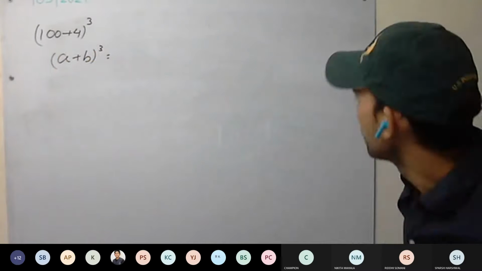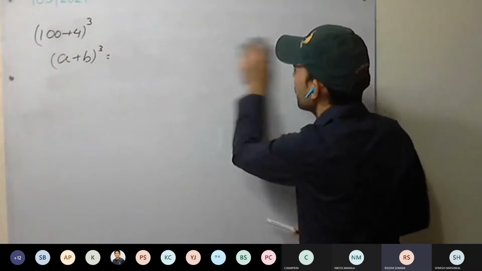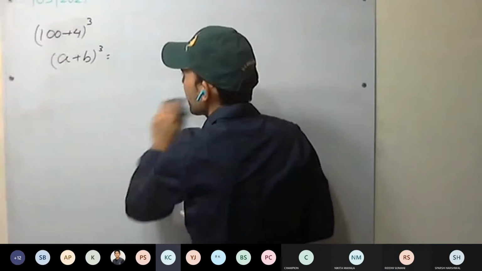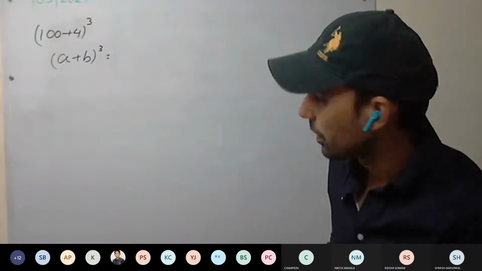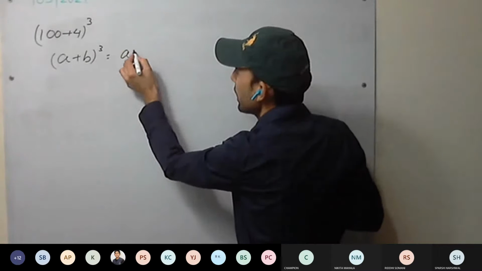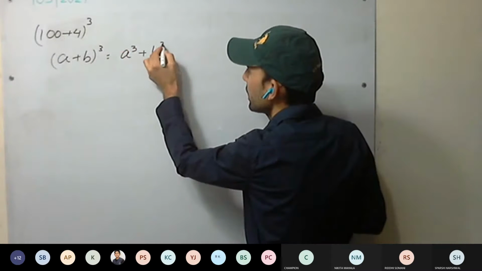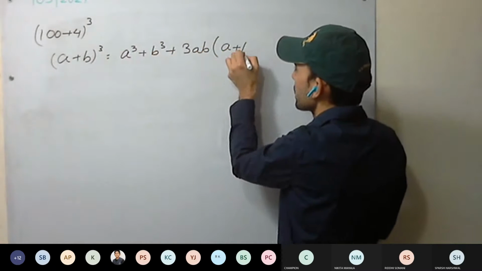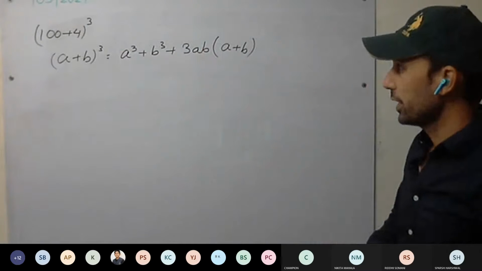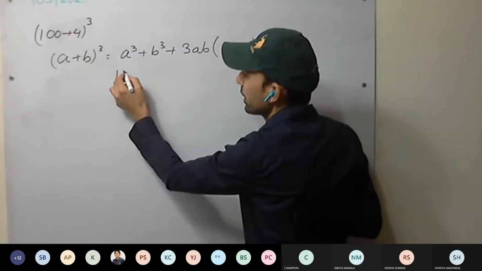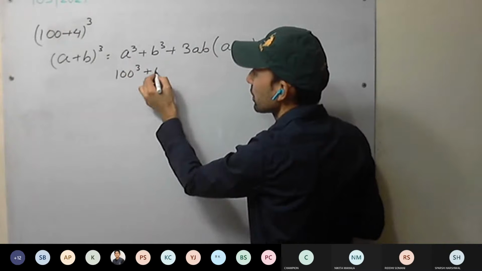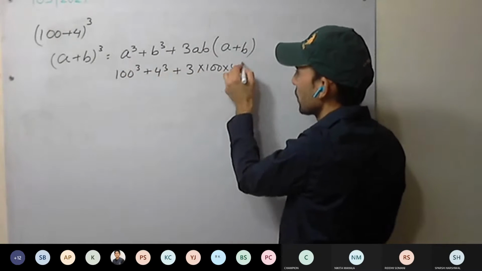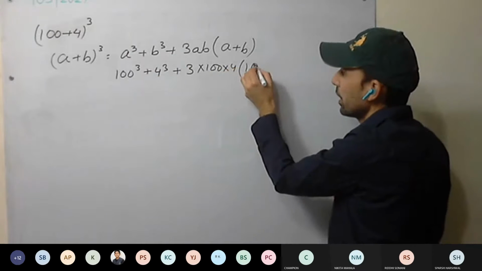What's the answer? a cube plus b cube plus 3ab into (a plus b). Put it here: 100 cube plus 4 cube plus 3 into 100 into 4, into (a plus b), which is 104.